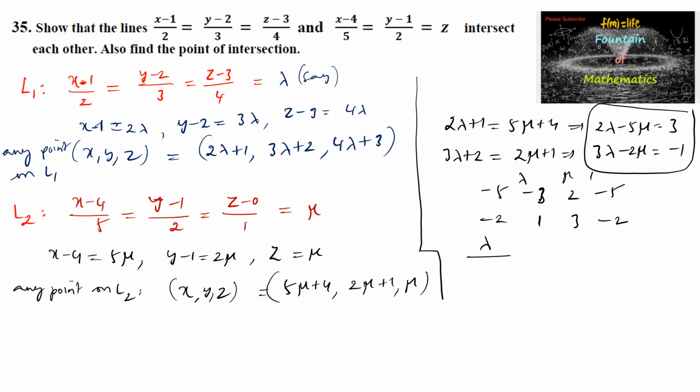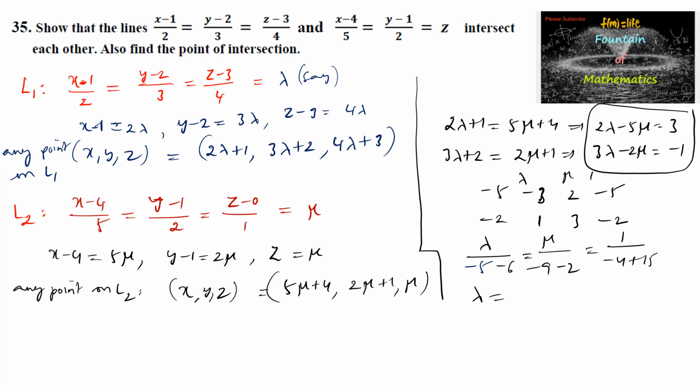So we can write lambda upon minus 5 and again here minus 6 is equal to mu upon minus 9 minus 2, that is 1 upon minus 4 plus 15.